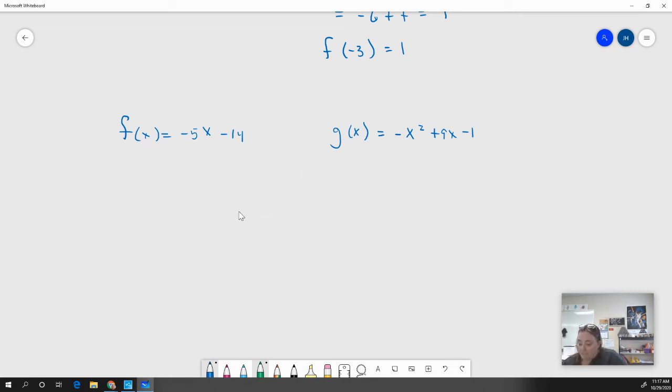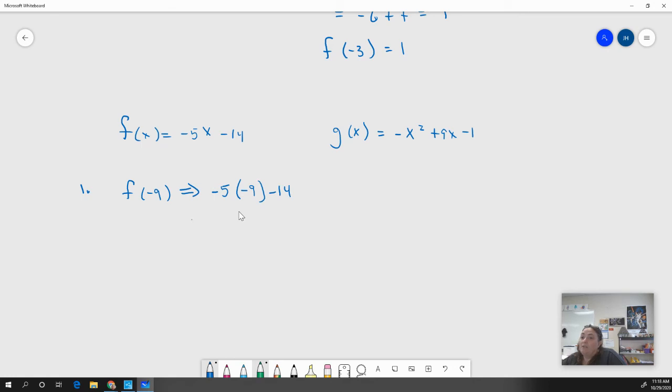When I look at this, I'm going to do a couple of examples, so I'm going to number them. What if I want f of negative 9? Well, to do that, I'm going to use my f equation. Negative 5 times x, well, x is just negative 9, minus 14.